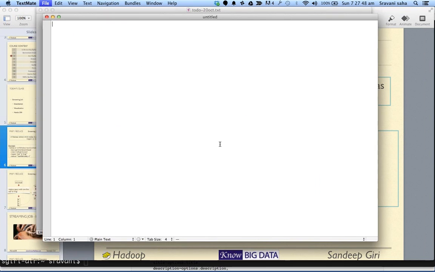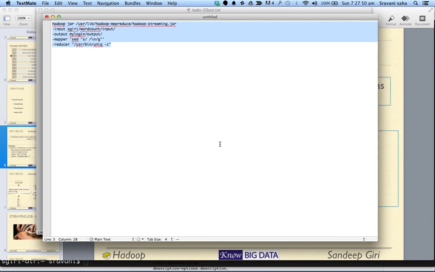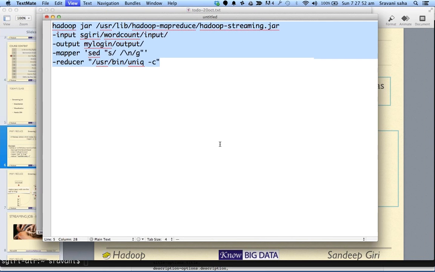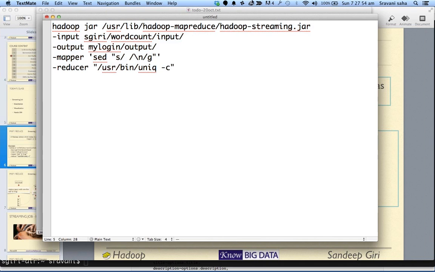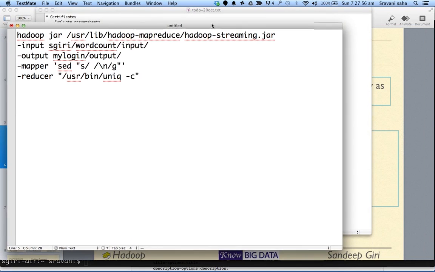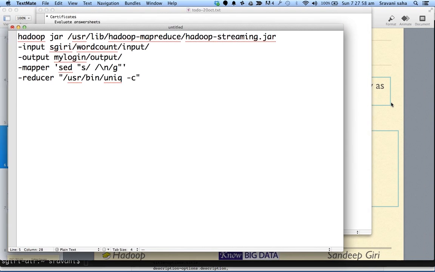Now let's see if we can run it. Any doubts till now, feel free to ask, because I'm not sure that we are all on the same page. Is everything clear till now?